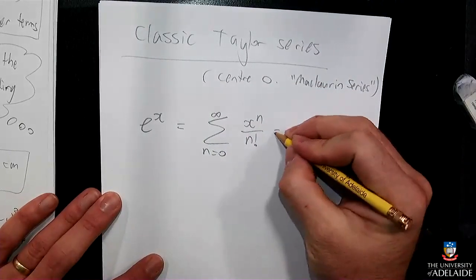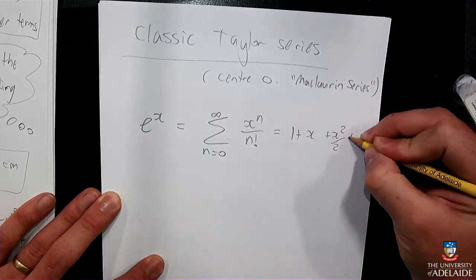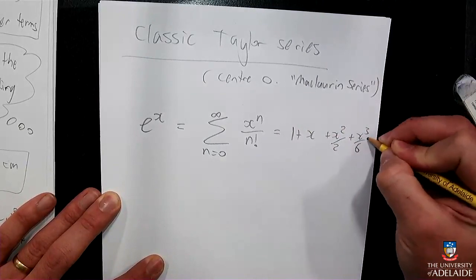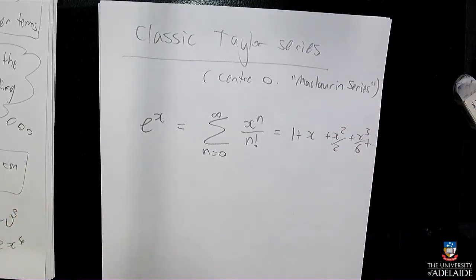This is just the long version: 1 plus x plus x squared on 2 plus x cubed on 6 plus and so on, and you do it forever, and it's equal to e to the x. What this means is if you do all the derivative things, you find the nth derivative as a formula, and you divide it by n factorial, and you sub in x equals 0, and then that coefficient is what you get.